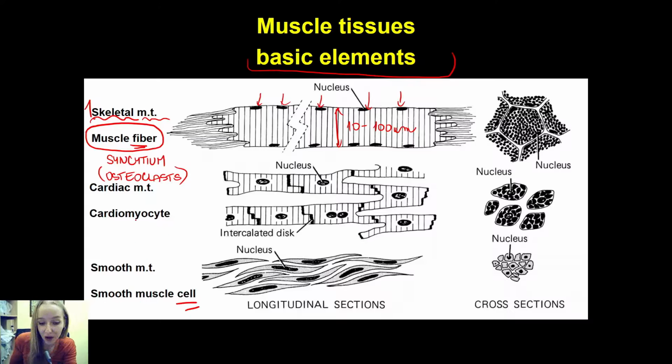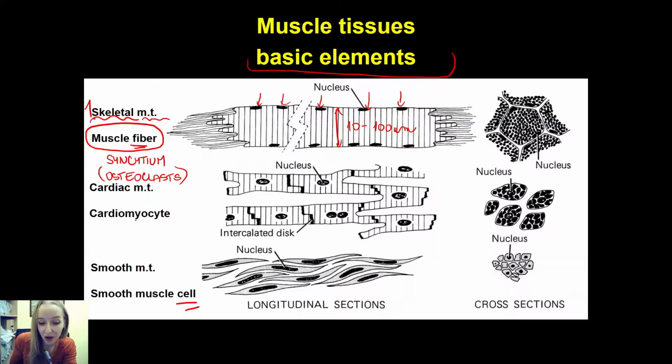The nuclei are situated at the periphery of fibers. Why is that so?